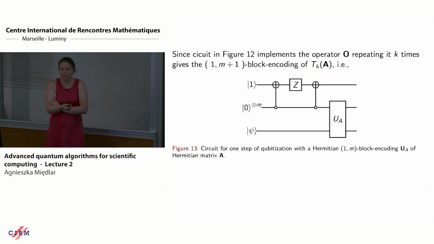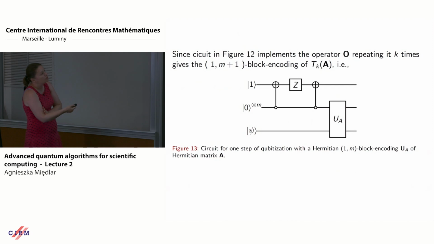However, usually we don't want only m equal to 1, so we have to go to a larger number of ancilla qubits because it's connected also to the input. So the circuit, if we want to apply the general operator O, we have to repeat k times.